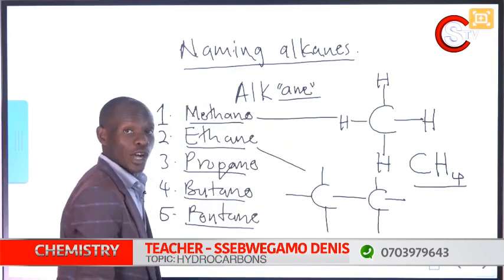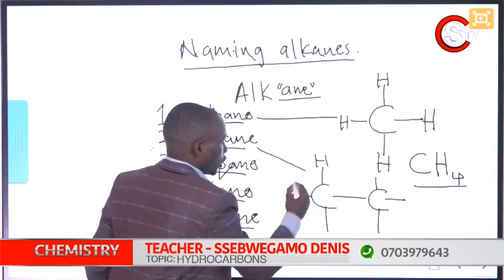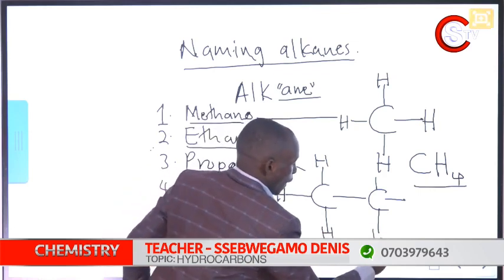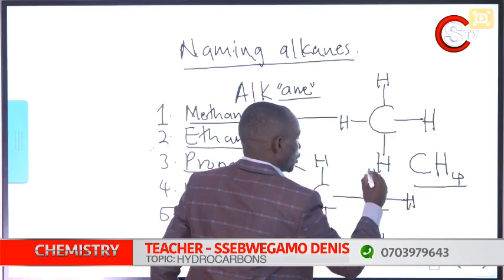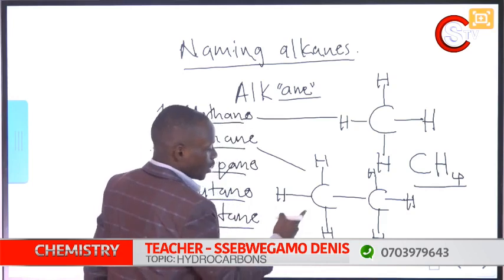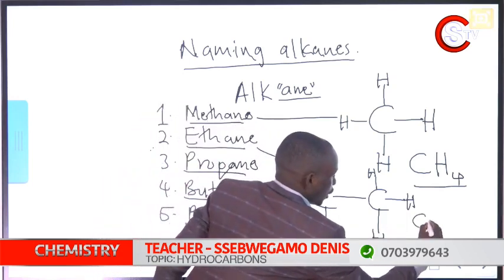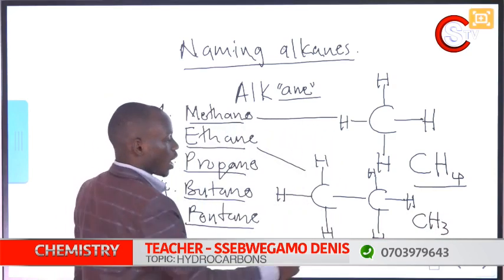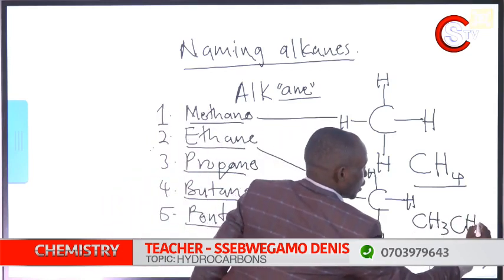But we are dealing with hydrocarbons. So that means here I'll be having hydrogen, hydrogen, hydrogen, hydrogen, hydrogen, hydrogen. So if I condense this structure, I come up with CH3 and also CH3.